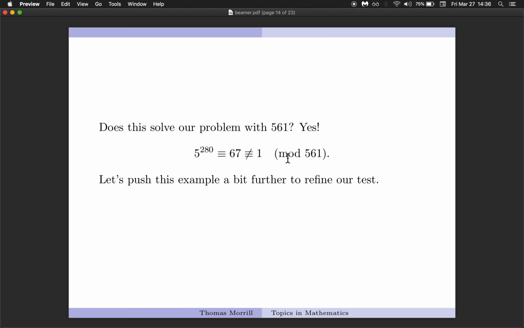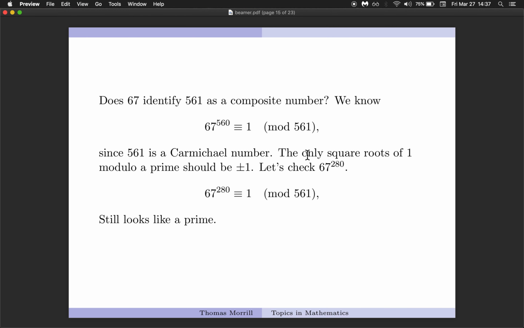I'm going to keep on with this example to refine this testing idea. So what would happen if I took 67 as my test? Well, I already know that 67 squared gives me 1. So 67 to the power 280 should also give me 1, and it does.